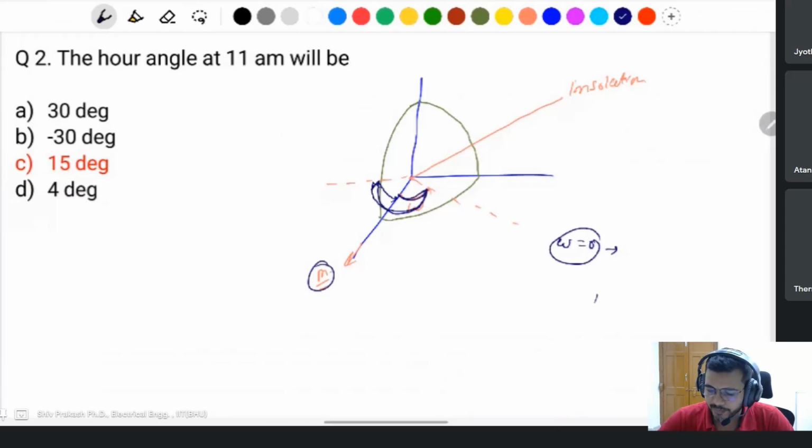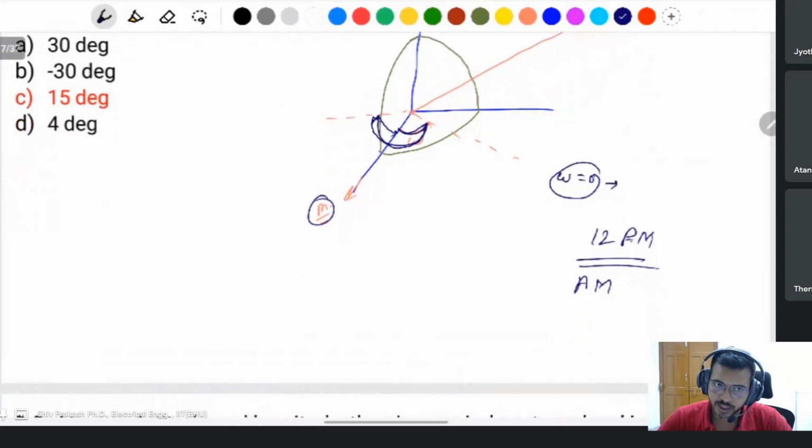At 0 angle, the meridian axis is defined as the noon time. That's 12 a.m., that's 12 p.m., at noon time, the meridian axis. So AM and PM are also defined by that axis only. This will be the anti-meridian, and this is the post meridian.